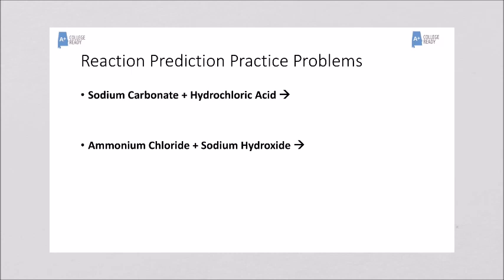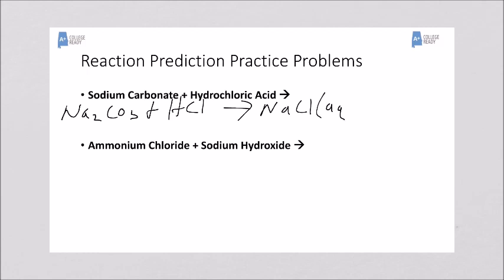Next we have sodium carbonate plus hydrochloric acid. Well, here's sodium carbonate plus HCl. This is going to be a double replacement reaction. So we're going to get sodium with chloride. That's an aqueous compound, if you check your solubility rules. And it looks like we should get H with carbonate, hydrogen carbonate. But that's carbonic acid.